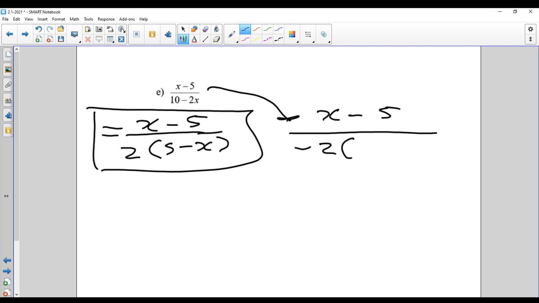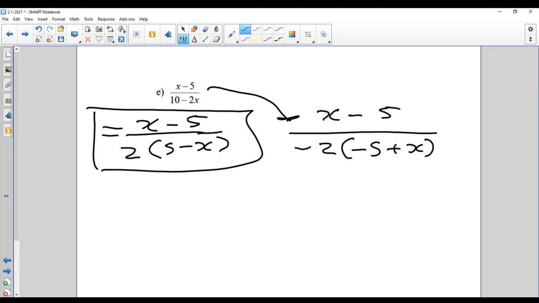But instead of dividing by 2, which is completely legit, I'm going to divide by minus 2 this time. So minus 5, plus x.